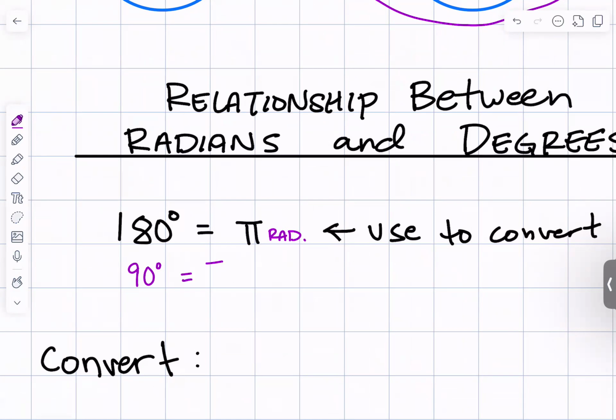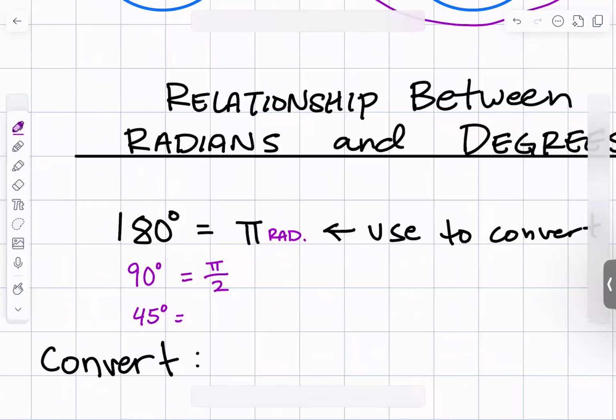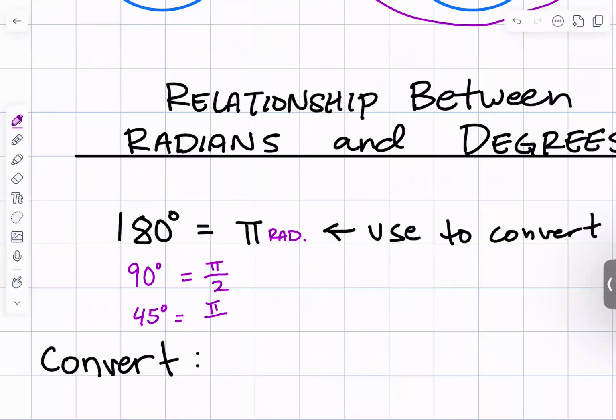Half of pi, or pi over 2, right? How about 45 degrees? Pi over 4, right? Because 180 divided by 4 equals 45. So you divide pi by 4 and get pi over 4.